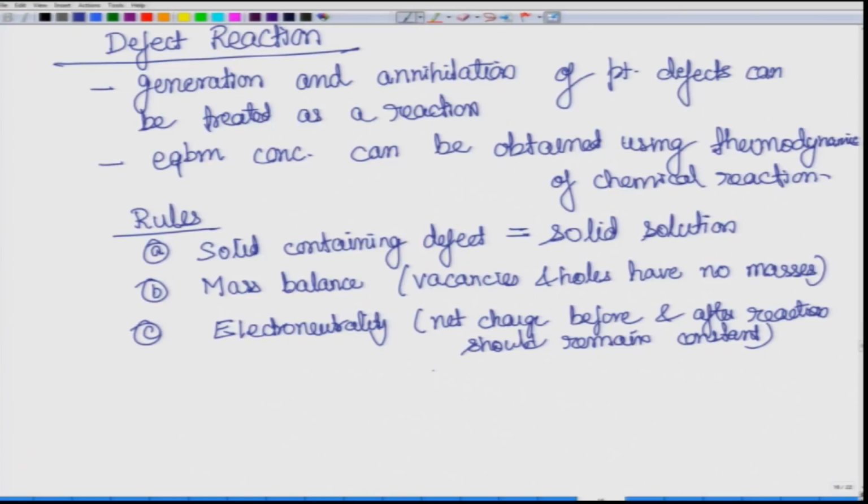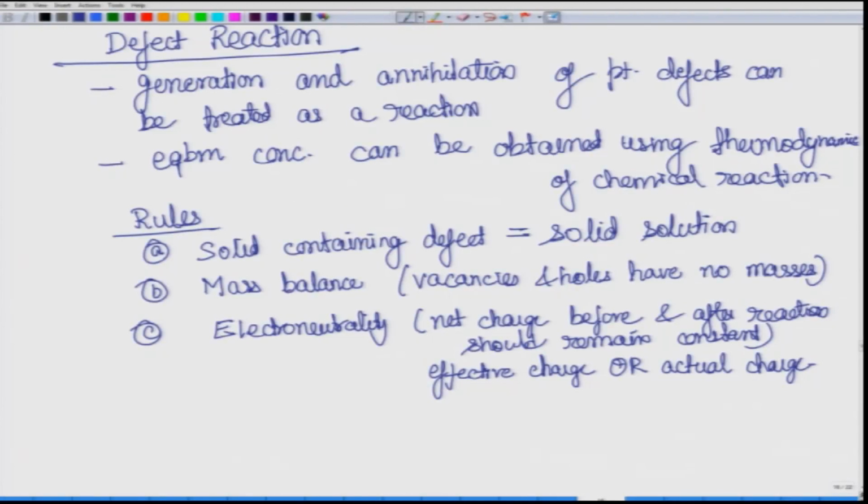It can be either the effective charge, where you show what should be the effective charge on a particular site, so you go by that effective charge, maintaining it before and after, or you can go by the actual total charge. But whichever you choose, you must maintain the same system.